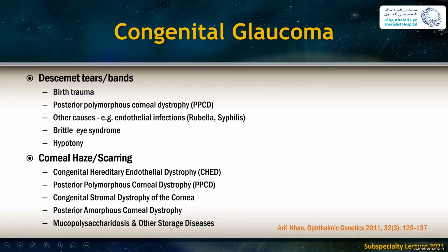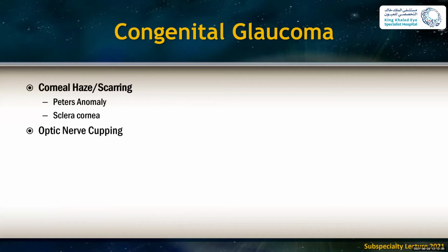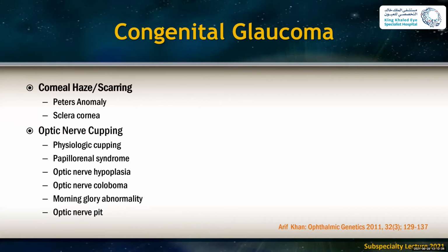Mucopolysaccharidosis and other storage diseases, again, we need to keep in mind as a possible differential diagnosis. Corneal haze and scarring, Peters anomaly, sclerocornea, and optic nerve cupping can again be mistaken. Certain types of optic nerve cupping can be mistaken for congenital glaucoma, for example physiologic cupping. Cerebello-renal syndrome, haven't seen it. Optic nerve hypoplasia, yes.